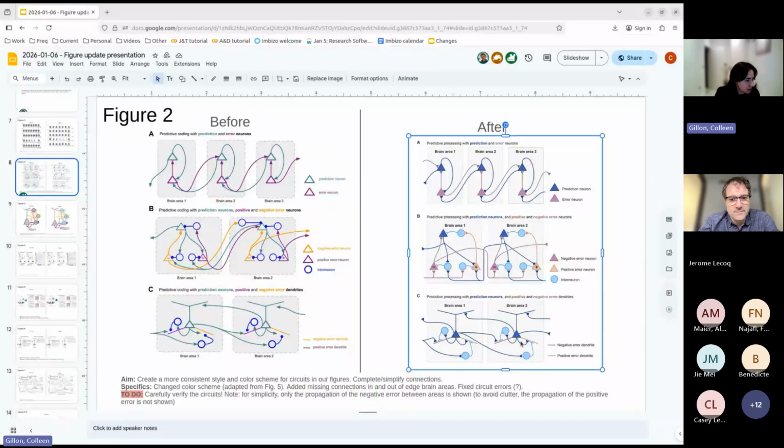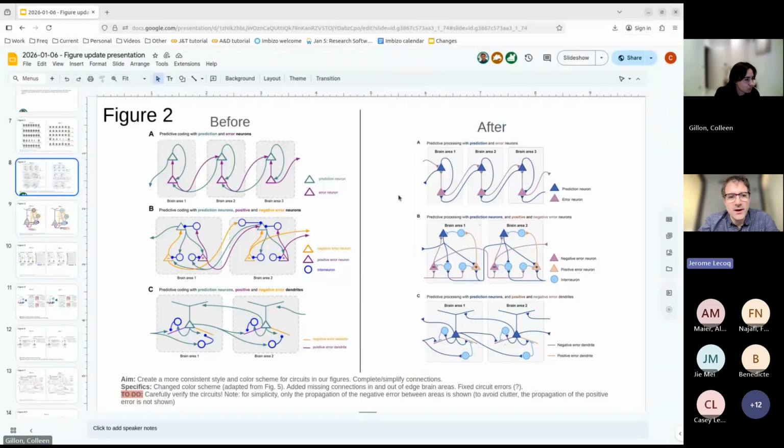Another thing to mention, I want to highlight that panel B is very important. It's taken from Georg Keller's and Thomas Mrsic-Flogel's paper. The modification from the review is that we added connections between brain areas.